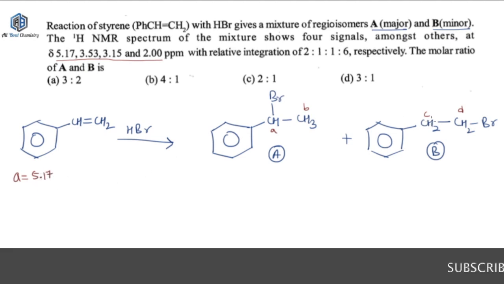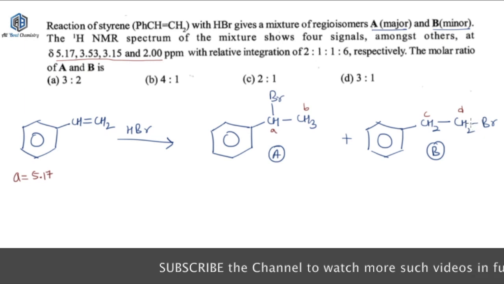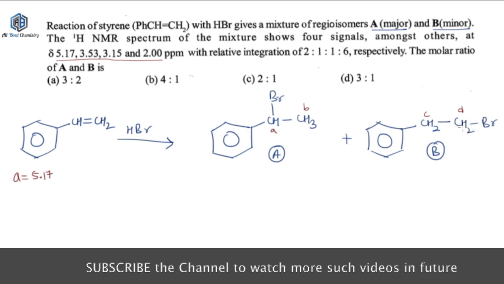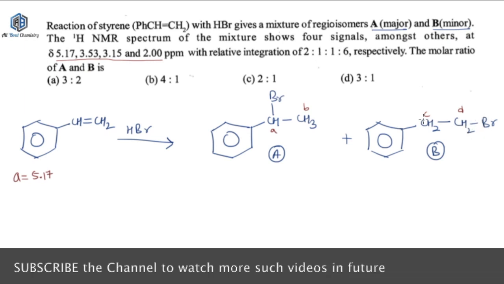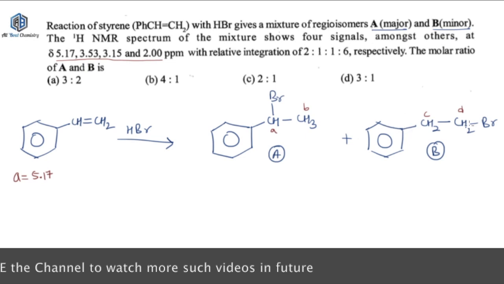Then looking at B, C and D, which among them is attached to another electronegative group? Bromine, and this is D. So D is also attached to bromine and C is attached to the phenyl ring. Both of these are electron withdrawing groups, so both will have a little higher value but less than A. Between C and D, whose value will be higher?